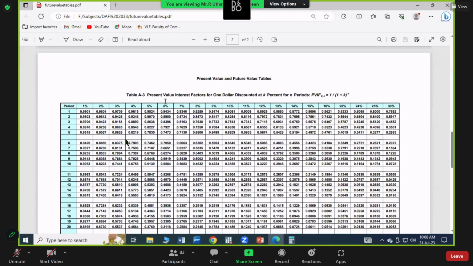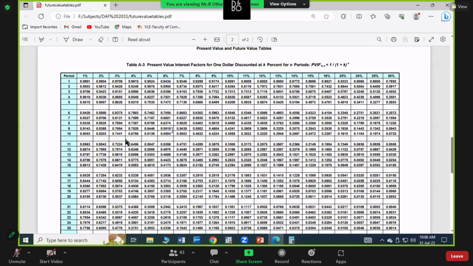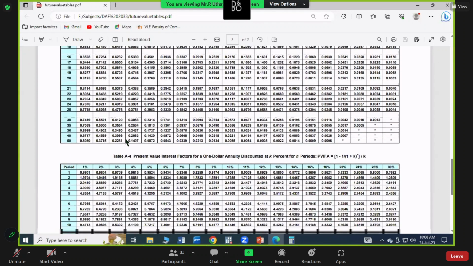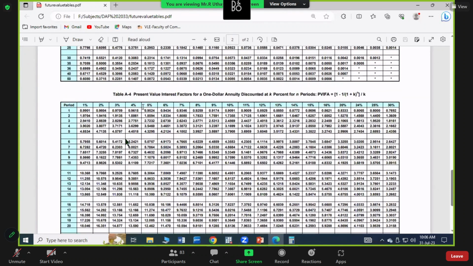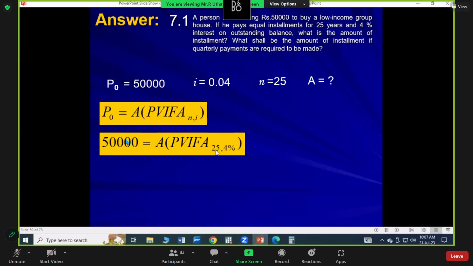A3, A4. Present value of factor for $1 of annuity at 4%. So the interest 25 years and 4%.